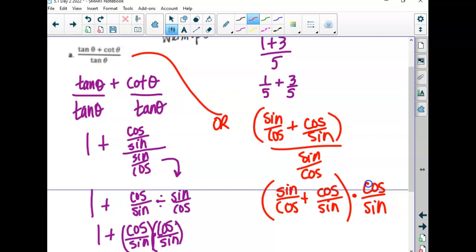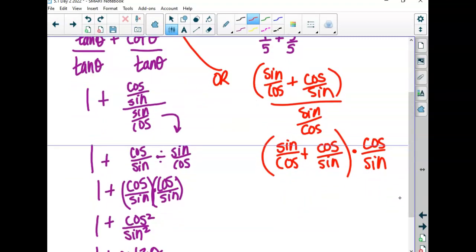What would you do there? When you have a quantity added and being multiplied by a quantity, what do we need to do? If it said x plus 1 times 3, what would you do? Distribute, right? So if I distribute this here and here, guys, just stick with me to finish this question and then we'll move on, okay?